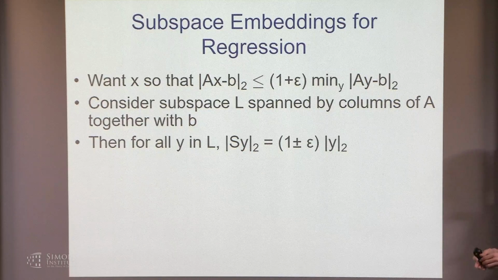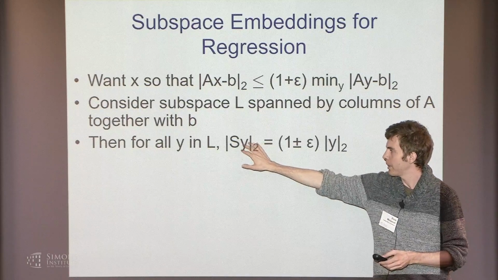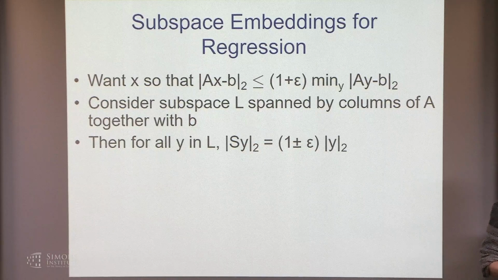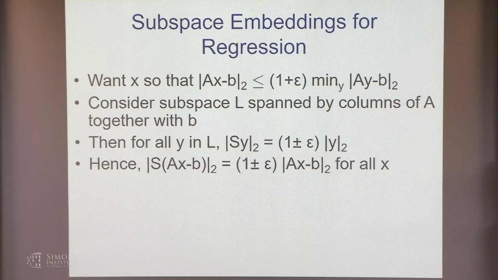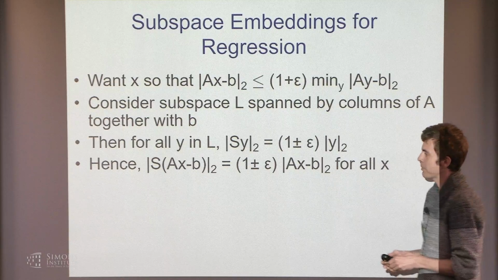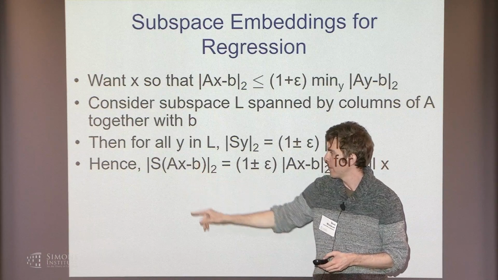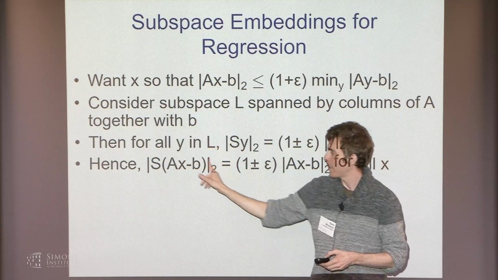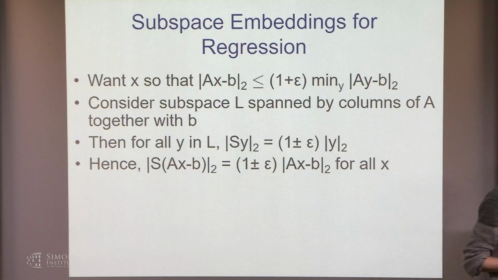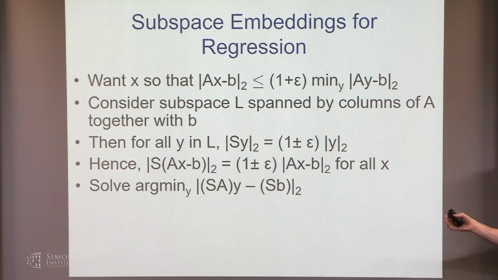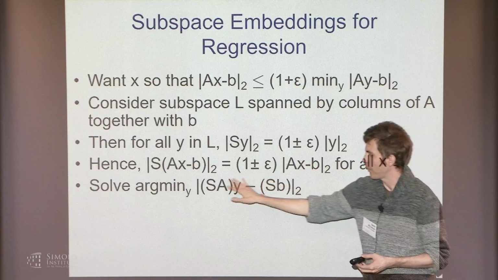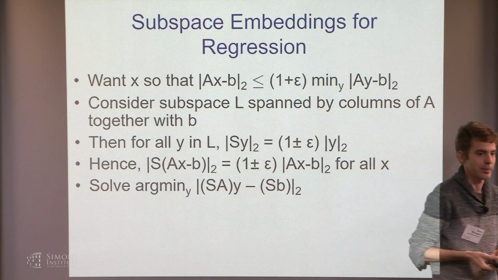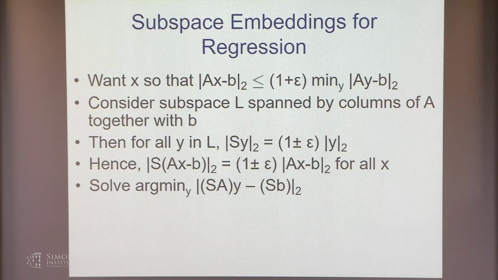So for all vectors y, its norm is preserved up to 1 plus or minus epsilon. In particular, a candidate solution to the regression problem looks like Ax minus b. It's inside this d plus 1 dimensional space that I'm calling L, and its norm is preserved up to 1 plus epsilon. So all solutions have their value preserved up to 1 plus epsilon, which means I can just solve this smaller version of regression, where I've replaced A with SA and b with Sb.